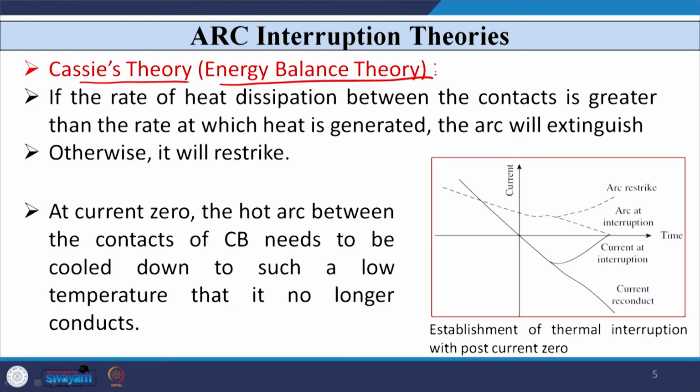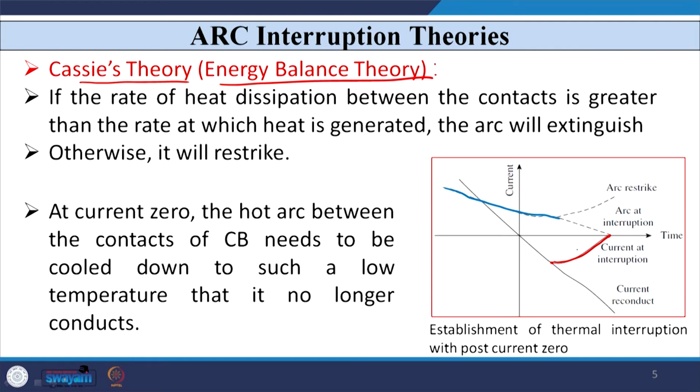You can see on this figure how the thermal interruption with post current zero is going to occur. On the y axis I have taken the current and on the x axis time, and I have shown the waveform of the current as well as the arc. As soon as the current waveform comes here, it moves directly from here. At the same time, this is the waveform of the arc.